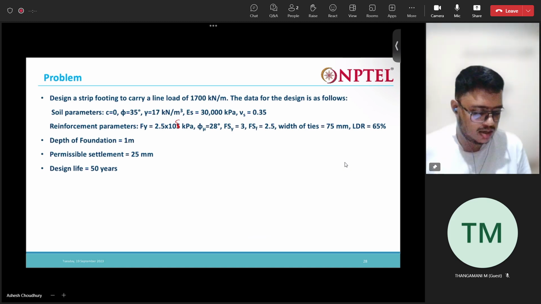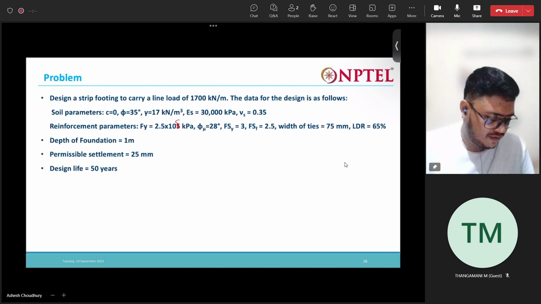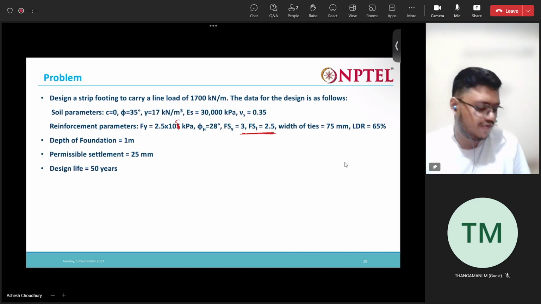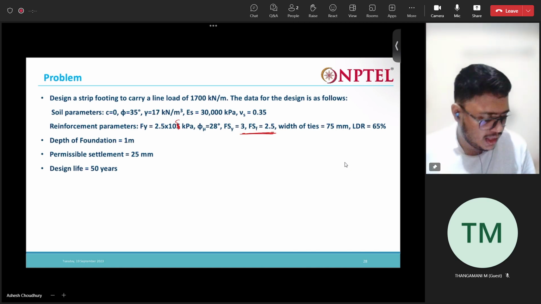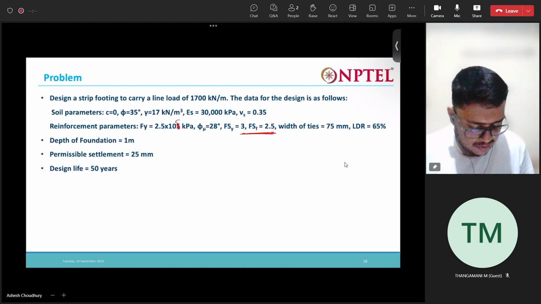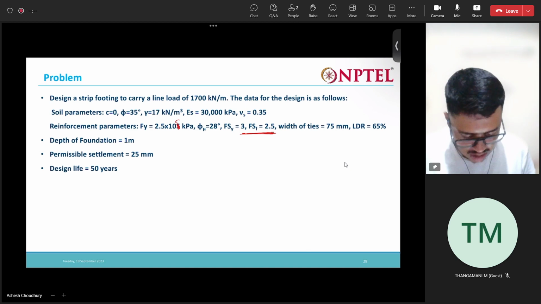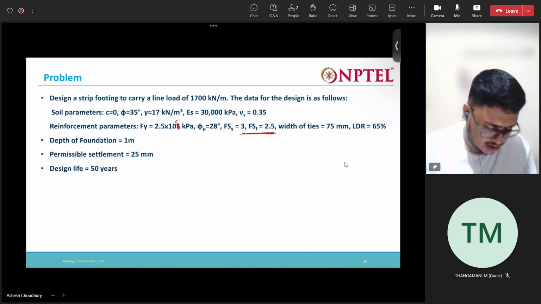Then we have the friction angle for the reinforcement, 28 degrees. We have FSF, the minimum FSF that we should have is 2.5 at each layer. Width of ties we have, LDR we have. Depth of foundation is given as 1 meter, permissible settlement 7.25 mm, design life is 50 years.